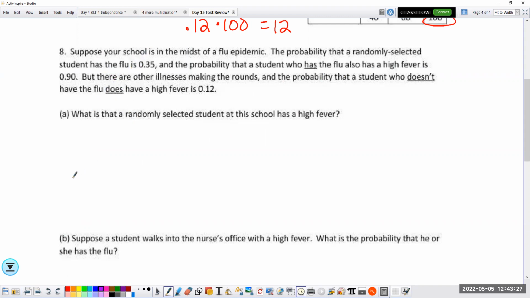The probability of having the flu is 35%. That means the probability of not having the flu, the complement, would be 65%. I know that the probability that a student who has the flu also has a high fever is 0.90, or 90%. That means the probability of having the flu but not having the fever is 10%.